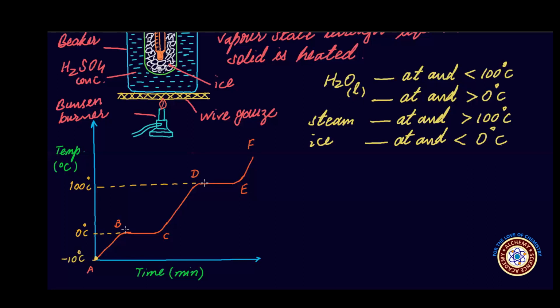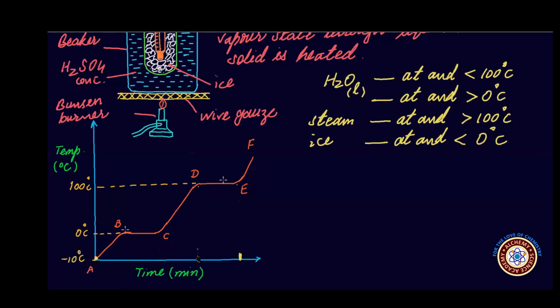Likewise, at this point of time, the entire ice gets converted into liquid water, and again the liquid water undergoes an increase in its temperature, and as soon as the temperature reaches 100 degrees Celsius, up to this time interval, there is no change in temperature of water.